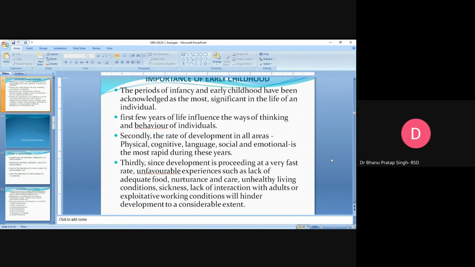As a teacher, we should be aware of the importance of development and why it is important to know about early childhood, because early childhood is known for rapid development in these particular ages, and it has a long impact on the life of the individual.